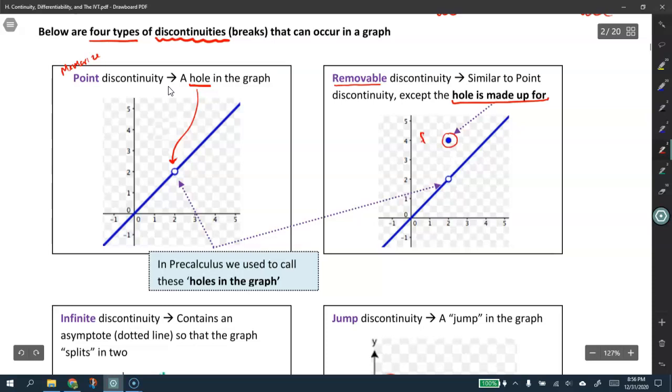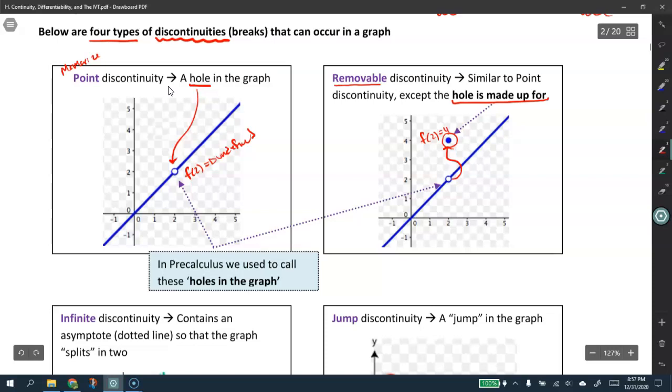In other words, f of 2 is equal to 4, whereas in a point discontinuity, f of 2 was actually undefined, right? So that's the big difference between a point and a removable. In a removable, it's almost like you removed a part of the graph and then put it somewhere else. And that's essentially what's happening there. Okay, so these are called point and removable discontinuities.